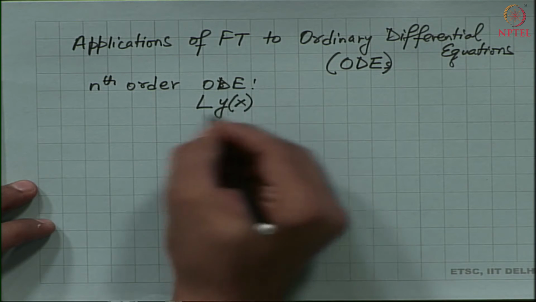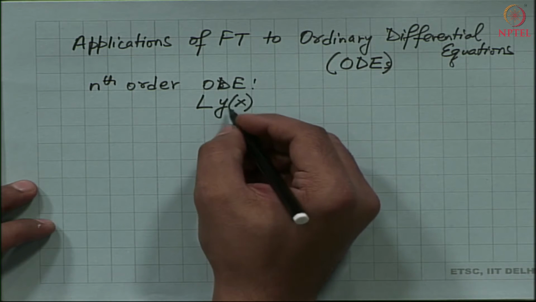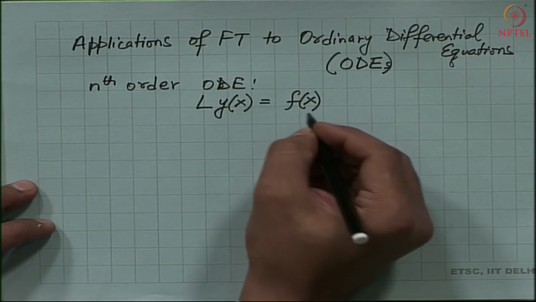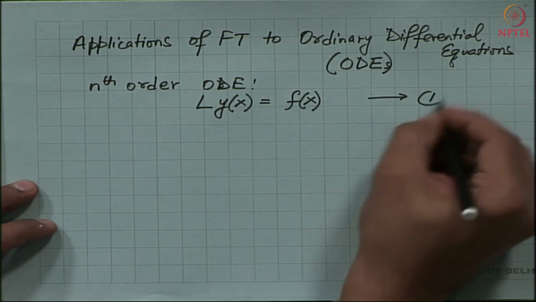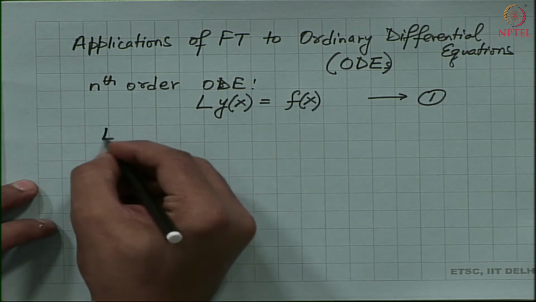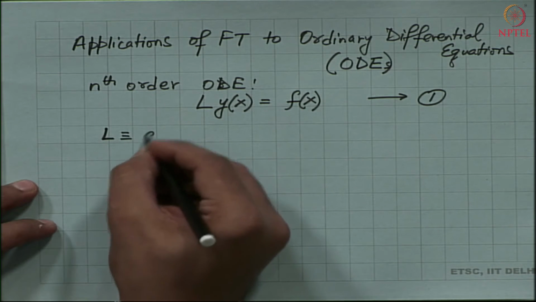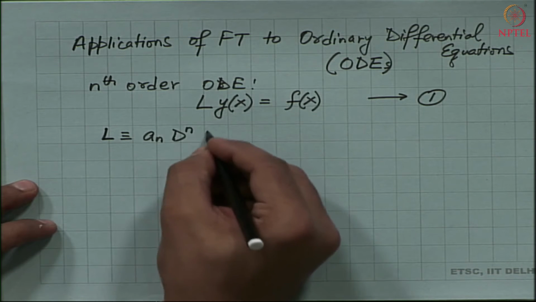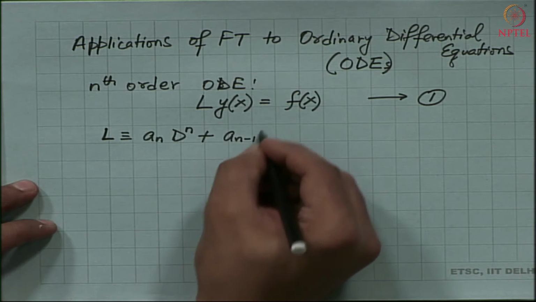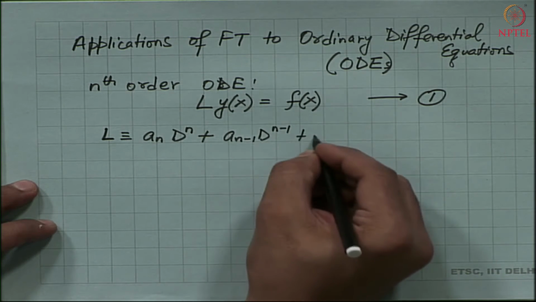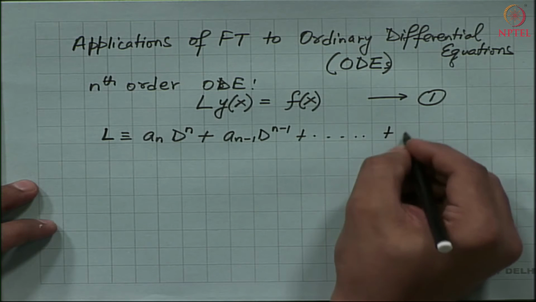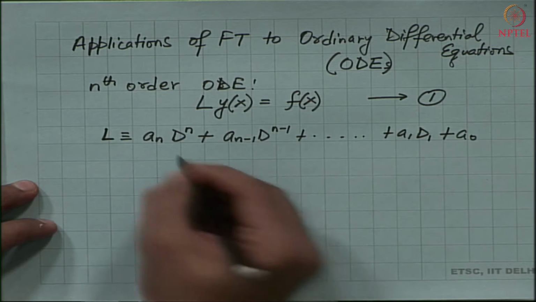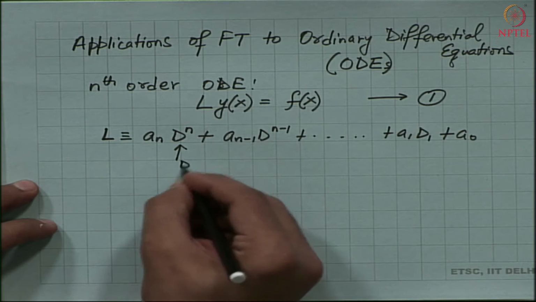It is an operator L which is acting on y, and L of y is equal to f of x, right. Let me denote it as 1, where my operator L is denoted by this following expression. So it is a_n D^n plus a_{n-1} D^{n-1} and so on, plus a_1 D^1 plus a_0. So these are my differential operators.